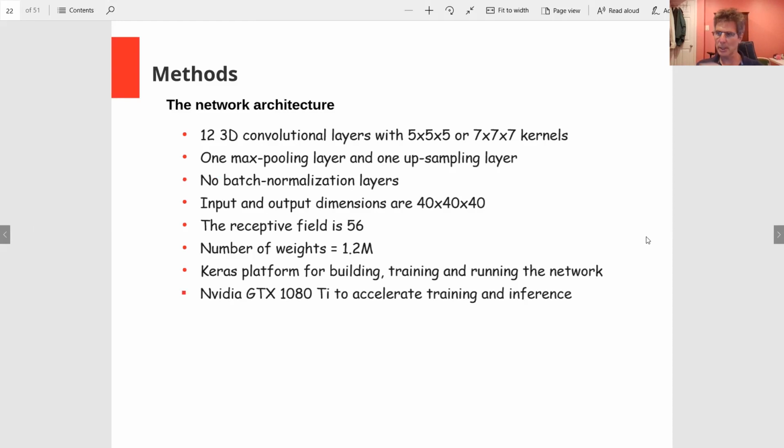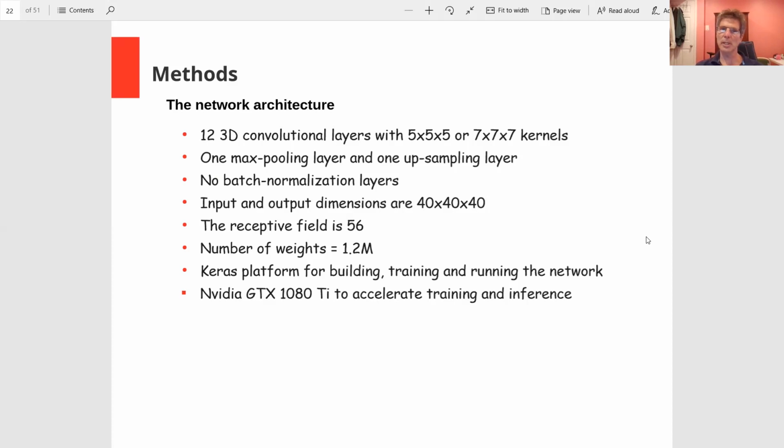Okay, a little bit about the network architecture. The network architecture that I use is very simple. It just consists of 12 3D convolutional layers, where each layer uses either 5 by 5 by 5 or 7 by 7 by 7 kernels.